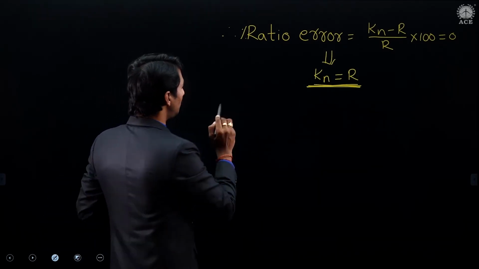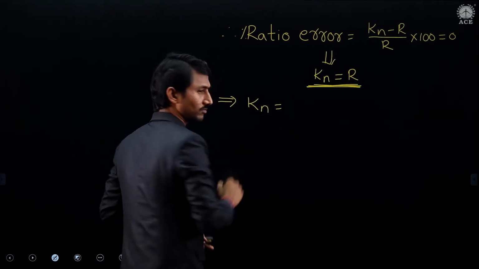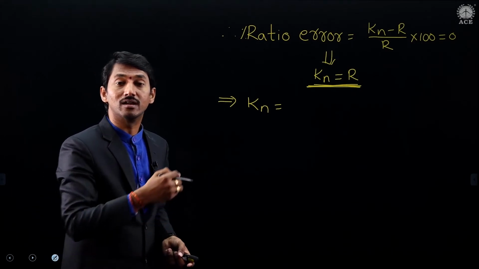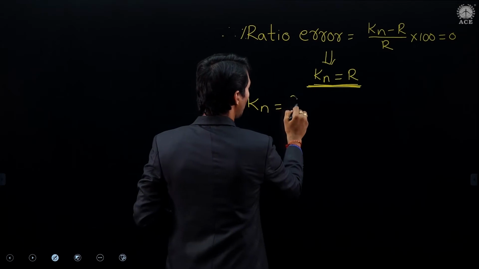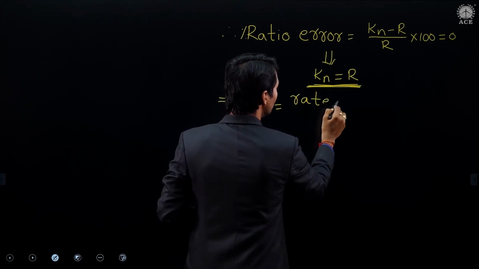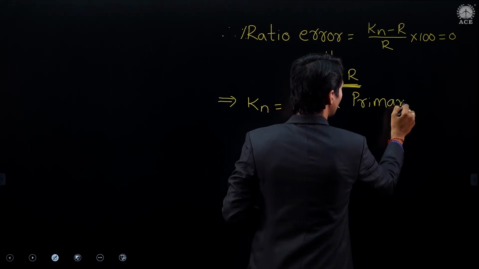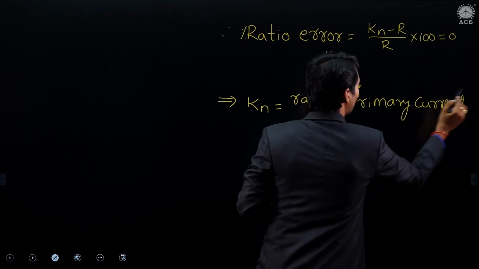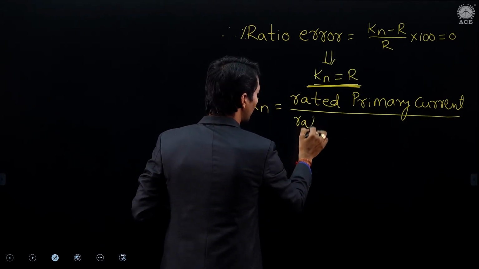From the given data, what is the Kn value? Kn means nominal ratio. Nominal ratio formula is rated primary current by rated secondary current.